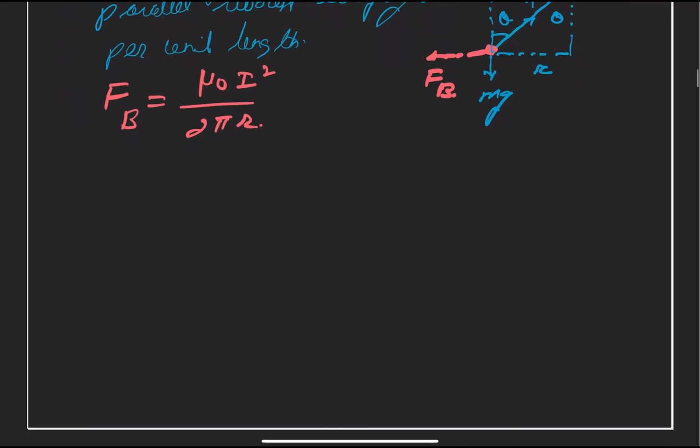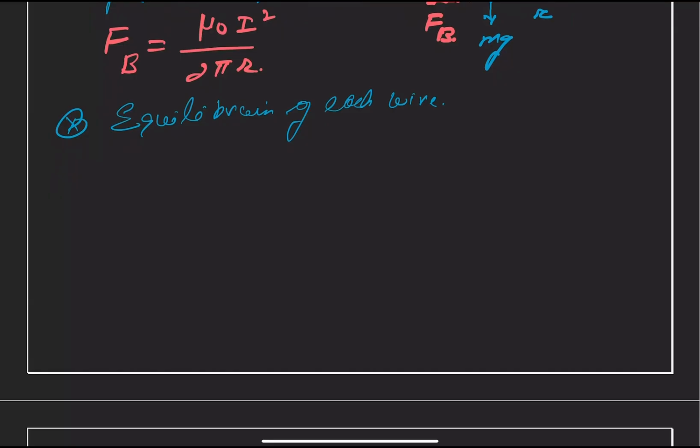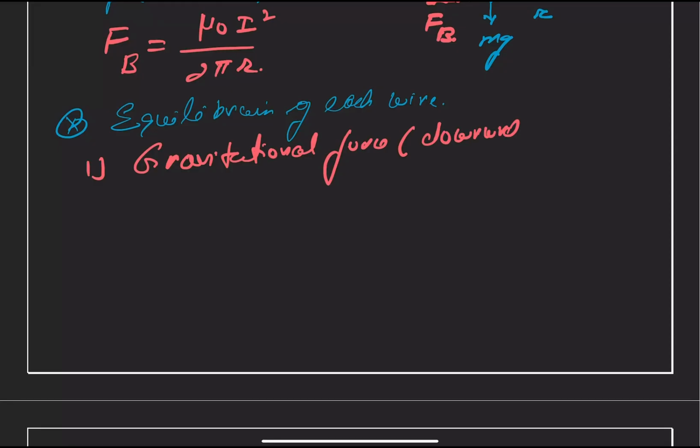So we can write the equation of equilibrium of each wire. So we have a total of three forces acting on it. First is our gravitational force, acting in downward direction, and that is our Fg, which will be equal to lambda multiplied by L and times g.